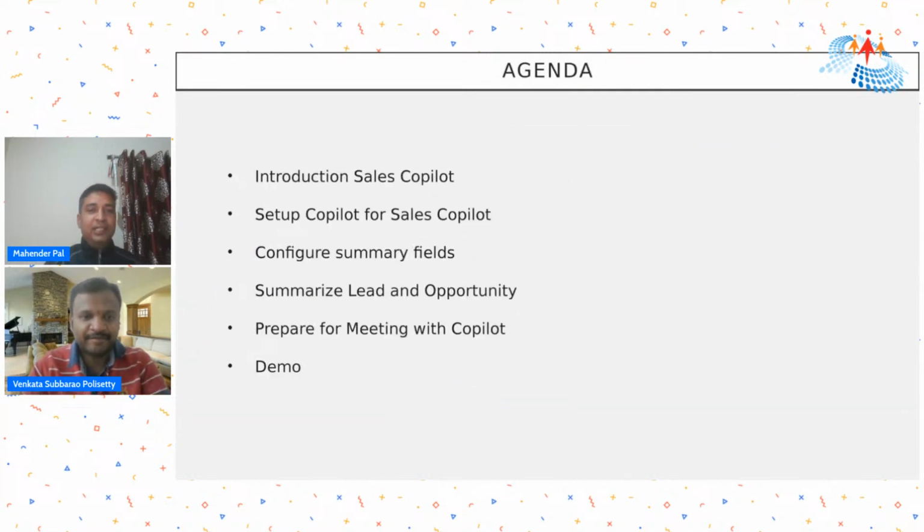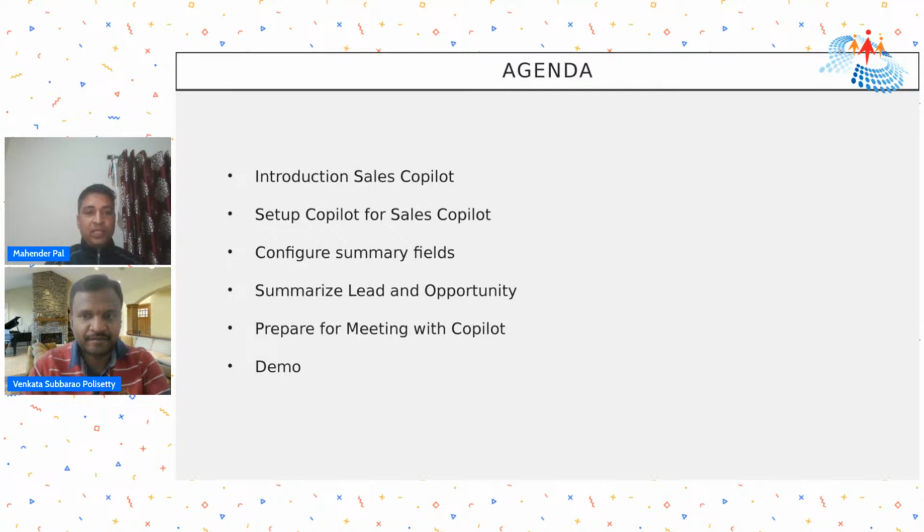So this is the agenda for today. We will start with a basic introduction to sales Copilot, and then we will see how we can set it up. Although we have a specific configuration at the environment level, for every app we need to make some specific changes.